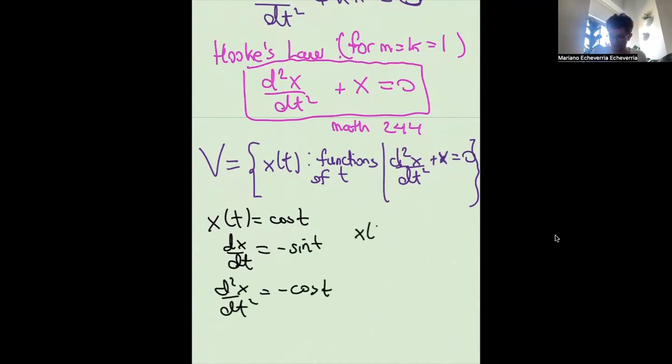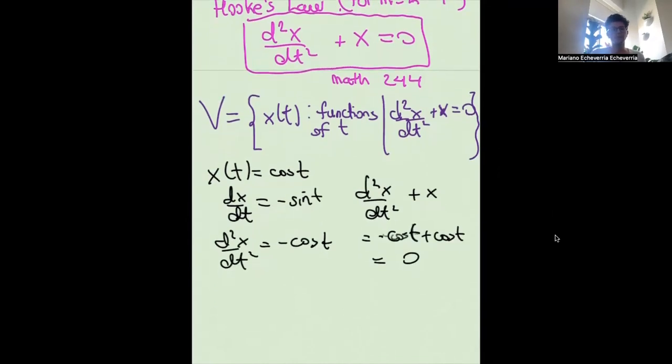So in this case, the second derivative plus x is minus cosine of t plus cosine of t, and that's 0.